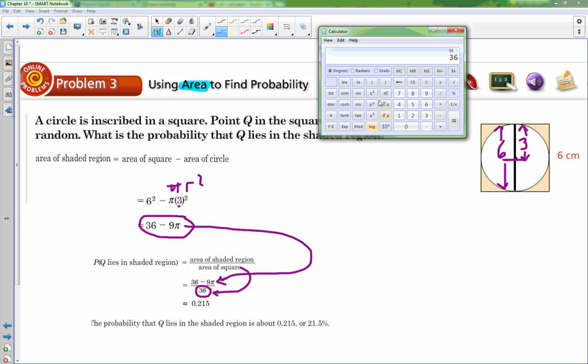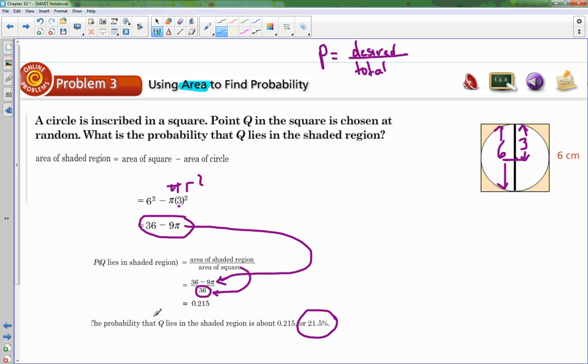So 36 divided by 9 times pi. I would press equals in the middle of this, equals, and then divide it by 36 equals. So we get 0.215, and then remember we move that decimal place 2 spots over to get the probability of Q in the shaded region is 21.5%.